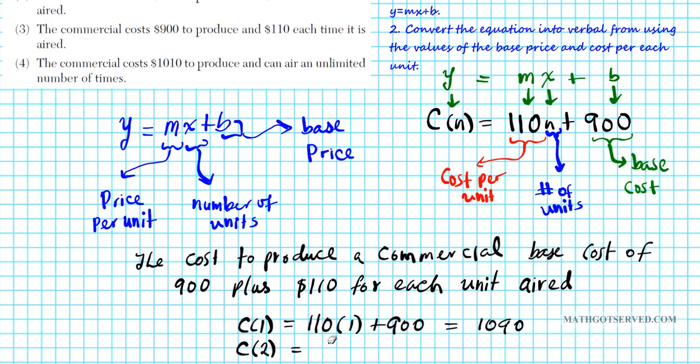That would be 110 times the number of units you aired, which is 2, plus 900. And it's the same thing as adding 110 to this situation right here. Oh, just a quick correction. This is not 1090, this is 1010. So this is 1010. And then this is 220 plus 900. That gives you 1120.